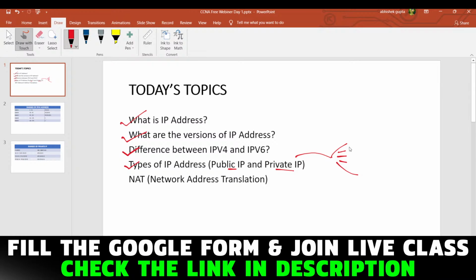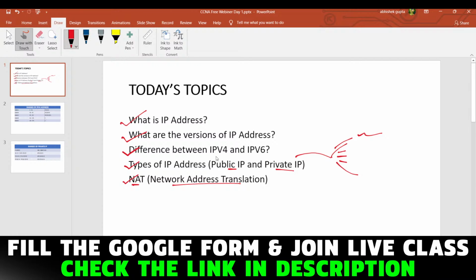And Morning Star knows very well how many questions we used to pick up from a single question, right? Okay, next is network address translation. What is NAT and why do we use NAT? What is the benefit of NAT? Everything we're going to discuss in today's class.